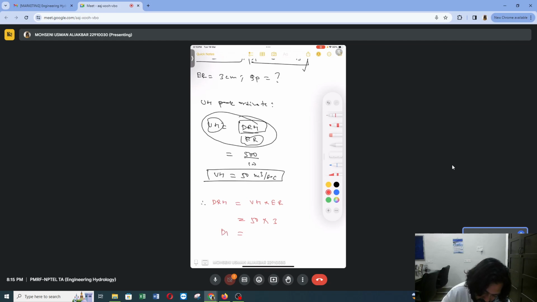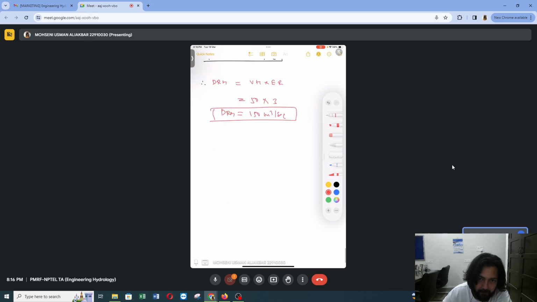So the DRH is 150. The important thing to remember here is that whenever the excess rainfall is reducing, the DRH will also reduce. Initially when excess rainfall was 10 centimeter, DRH was 500. But when excess rainfall got reduced to 3, the DRH also got reduced to 150.